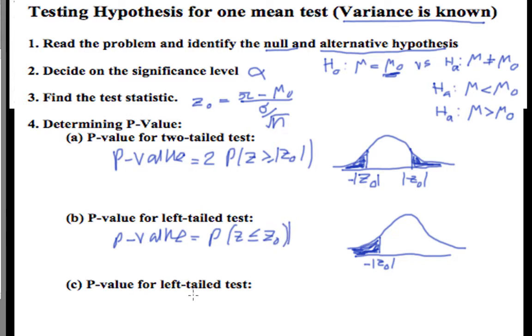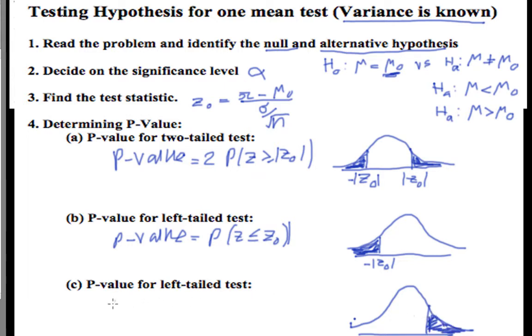Okay, the last one, p-value for right tail test. Then the graph should be the other way. This is the normal curve, this is the z naught. So this is the p-value we are looking for.